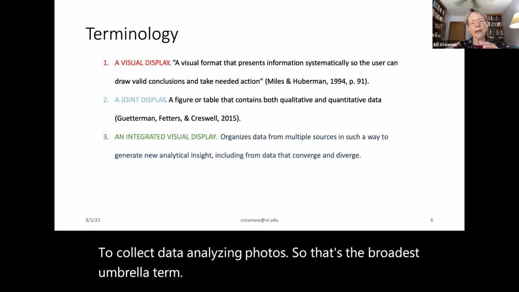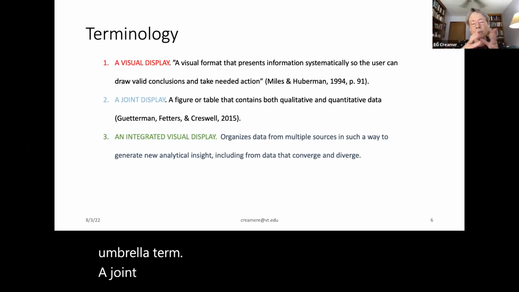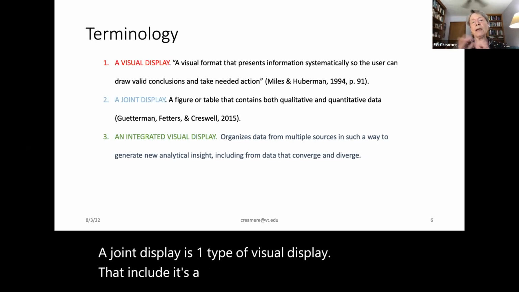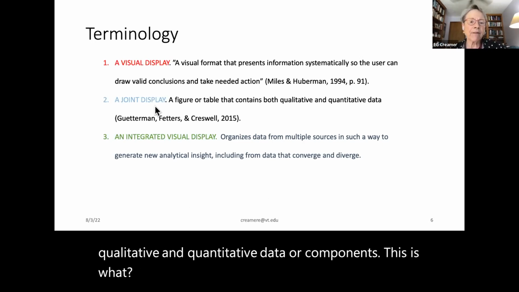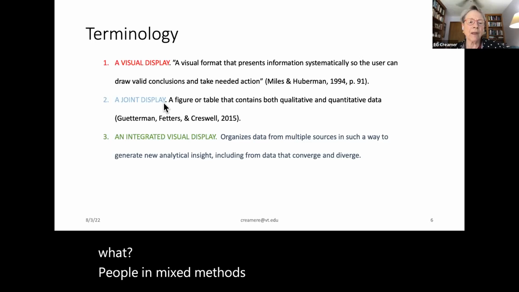A joint display is one type of visual display, a figure or table that contains both qualitative and quantitative data or components. This is what people in mixed methods have concentrated on.